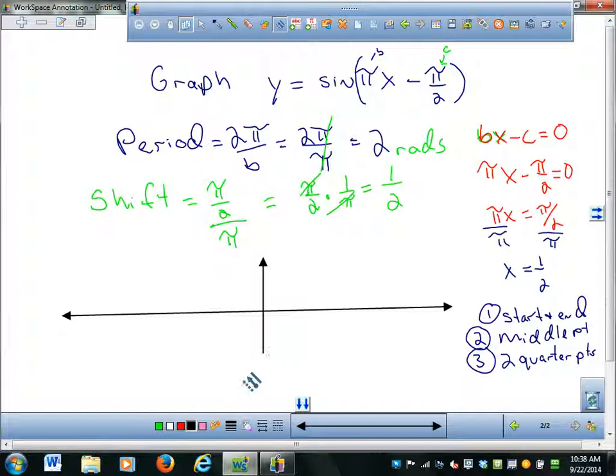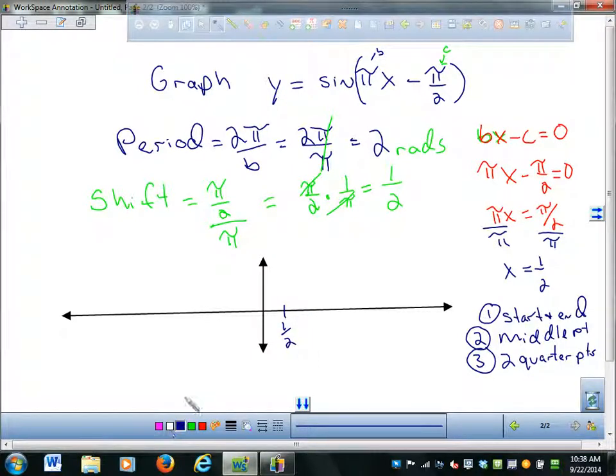Where's this thing going to start? 1/2. Okay, so I'm going to call this 1/2 right there. Now the way I prefer to do it, rather than figure out the endpoint using that formula, which is kind of confusing, is this: if it starts at 1/2 and I know that the period is 2, that means it takes 2 radians to complete 1 cycle.